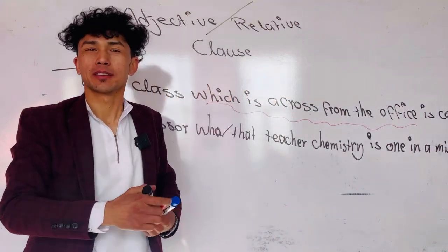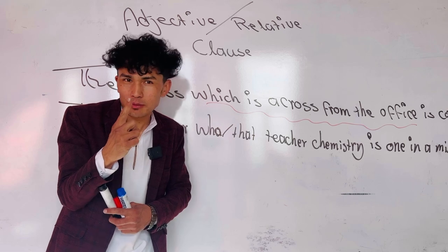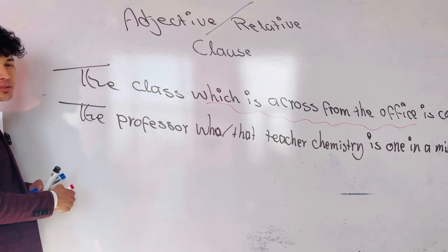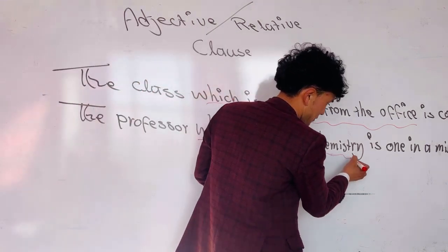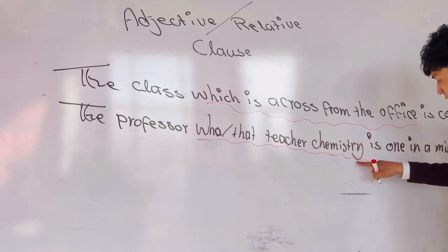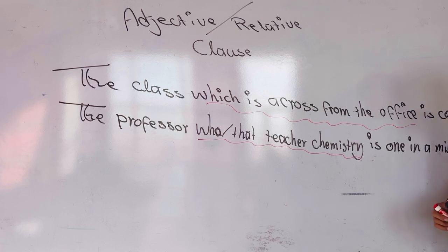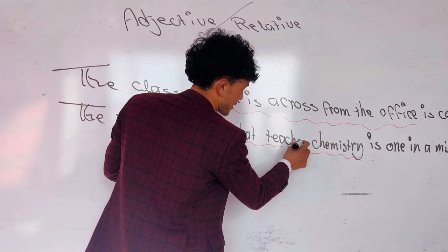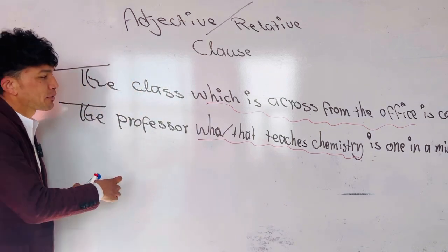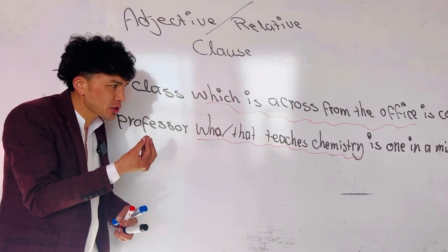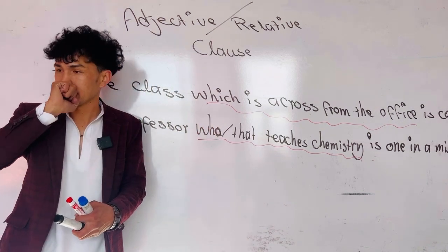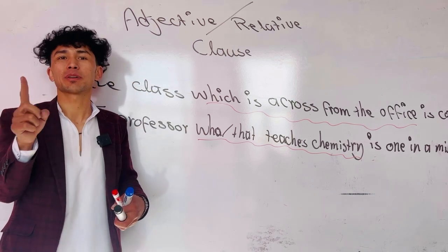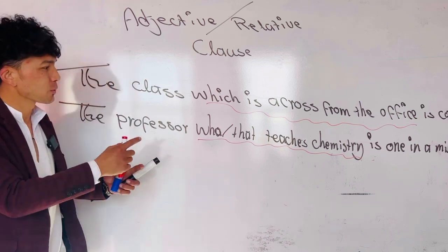One in a million means the person who is unique, second to none. Which part do you think is the noun clause here? Who or that teaches chemistry, until here. That's not teacher. See, the professor who or that teaches chemistry is one in a million. Did you understand?